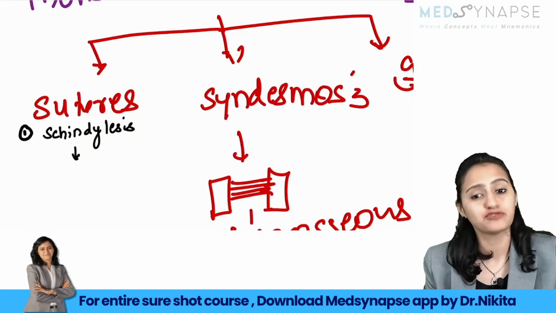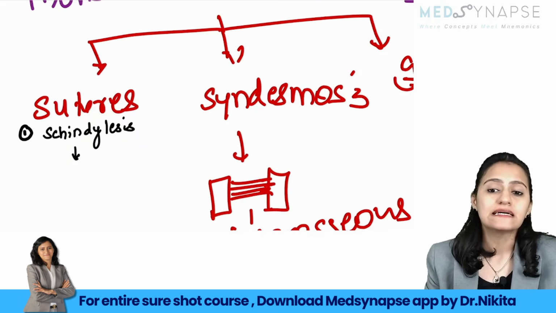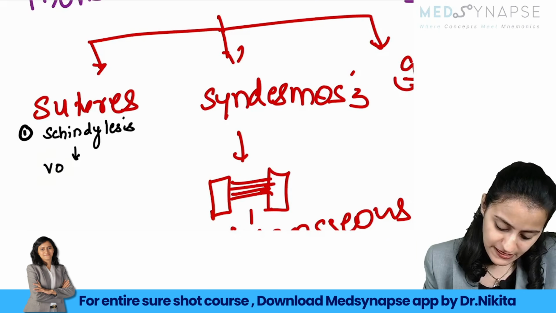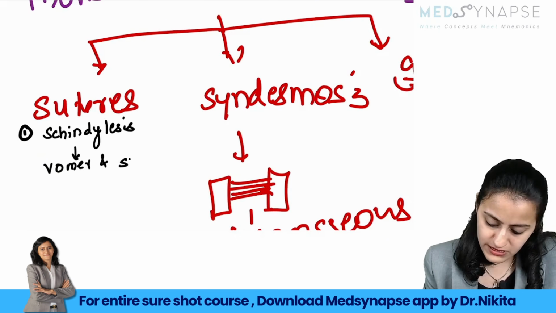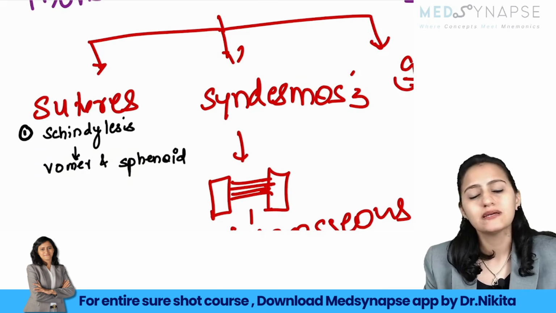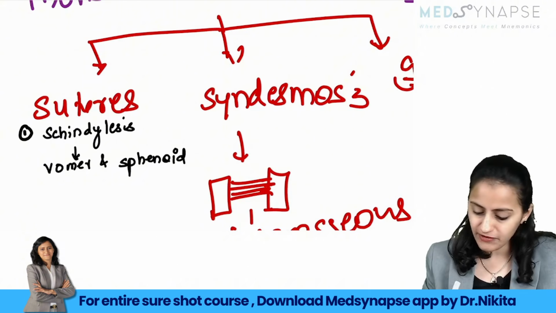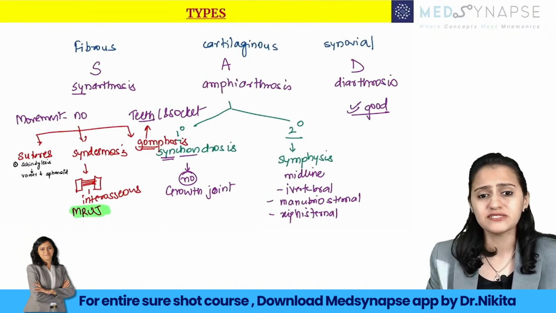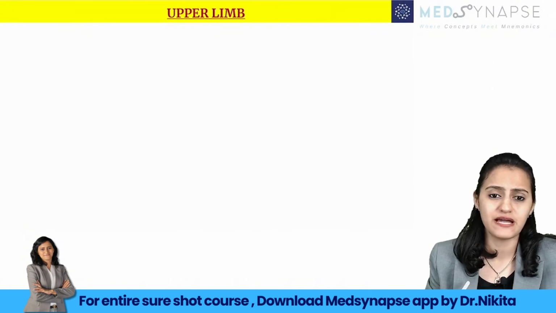Schindylesis is a type of suture, that means it's a fibrous joint. It is present between the vomer and the sphenoid. We'll be seeing all of this. So these are the various types of joints that we have here.